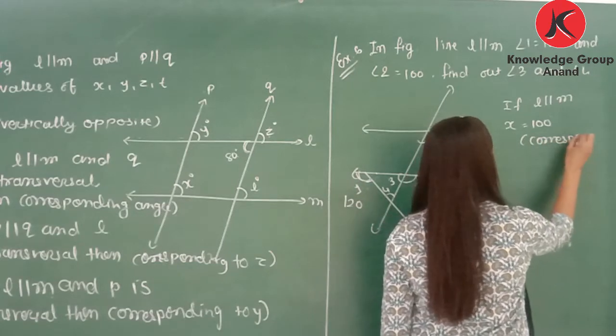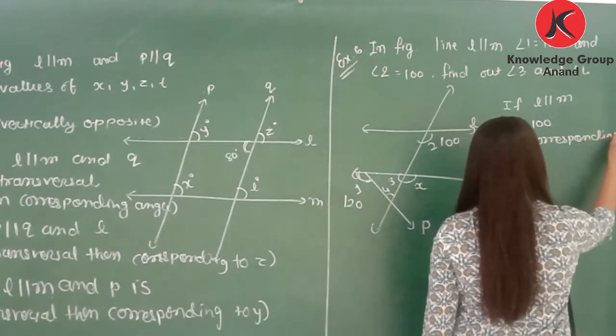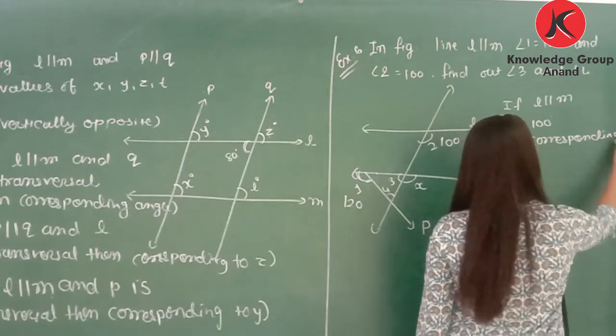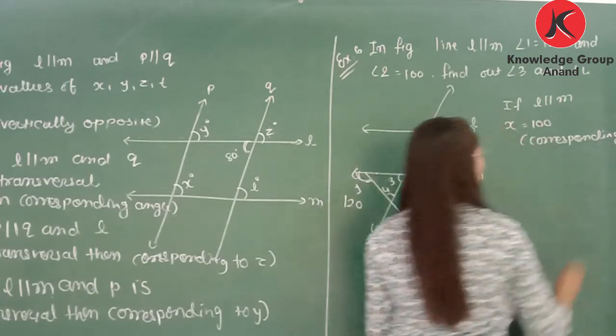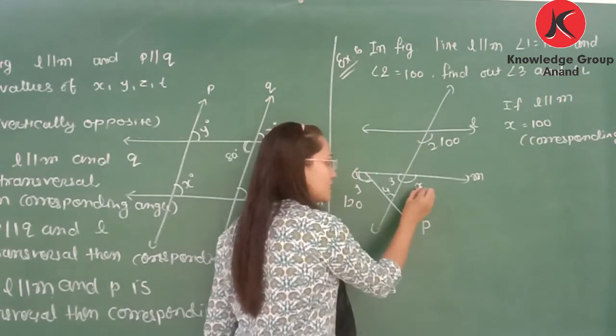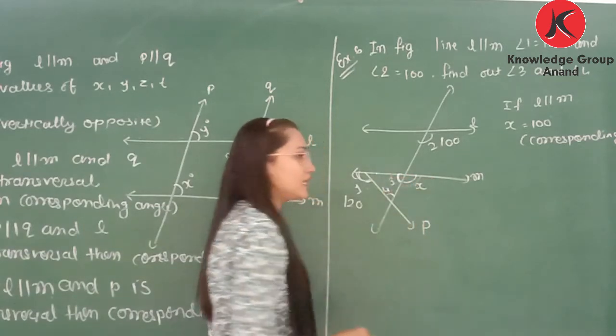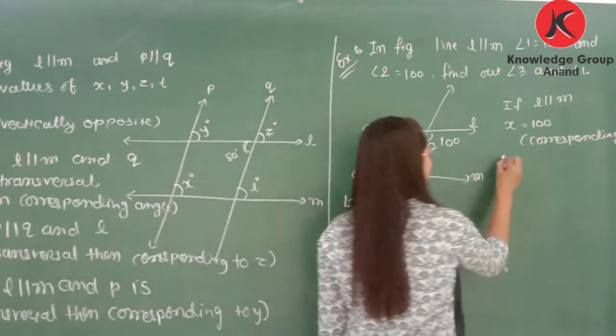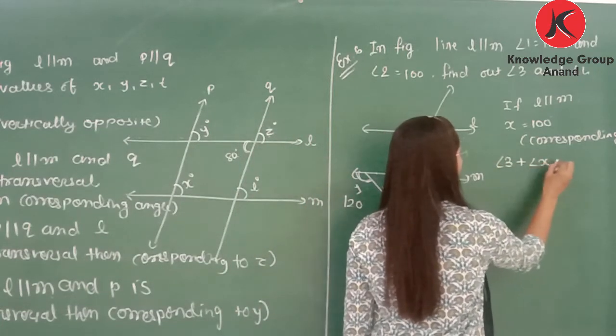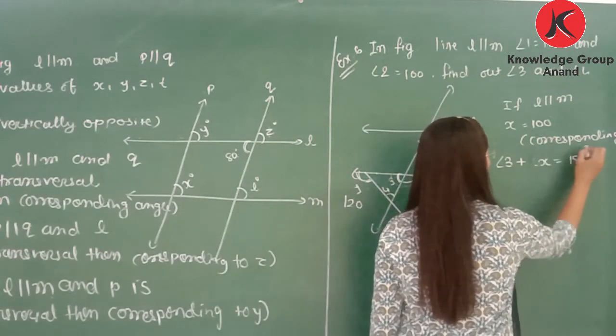Reason: corresponding angles. Now, if x is 100, then we can find angle 3 because x and angle 3 form a linear pair. So angle 3 plus angle x is 180.